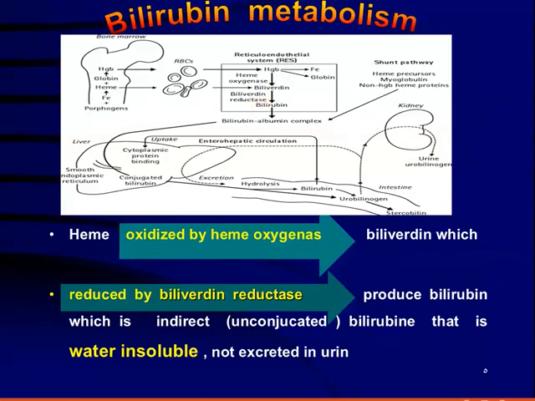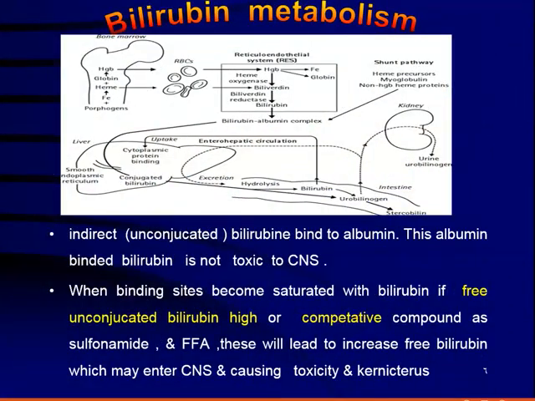This bilirubin, when elaborated in the bloodstream, is water insoluble, so it cannot be excreted in the urine. This indirect unconjugated bilirubin will bind to albumin. This albumin-bound bilirubin is not toxic to the CNS.